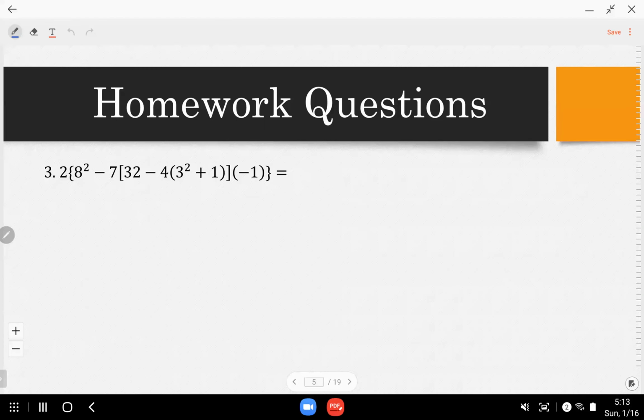And I did see like 200 something, 300 something, which is totally incorrect, but you must have missed the order of operations somewhere. So I'll give you a few moments to put your answers for this one, okay? And then I'll go over the work and you can see which one is correct, okay? All right, and also put your answers in the chat box, like we did last time, okay?